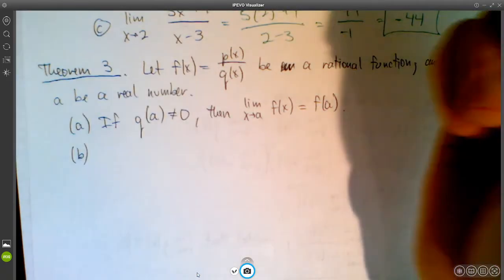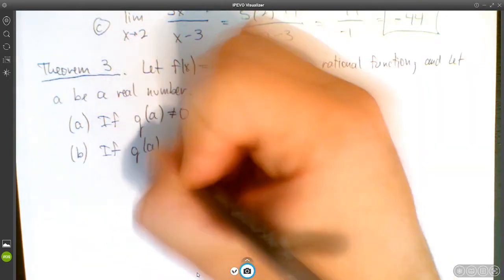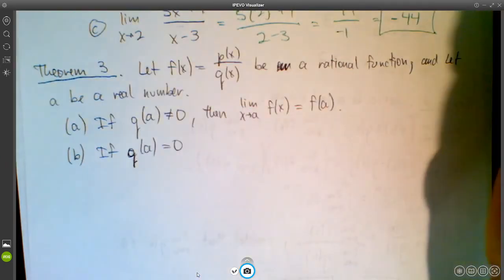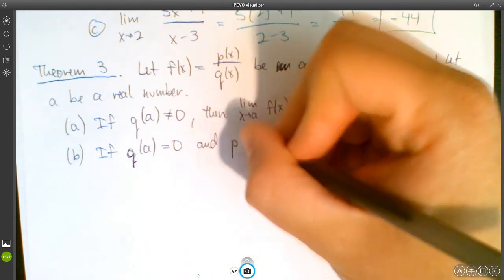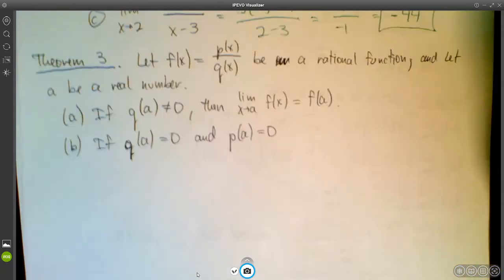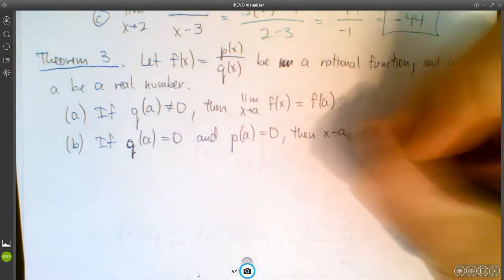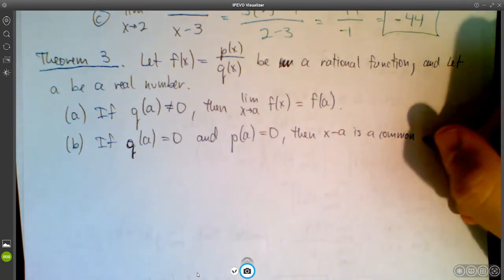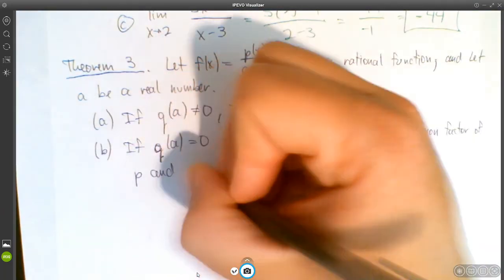But if q of a does equal 0, and if p of a also equals 0, then x minus a is a common factor of p and q.